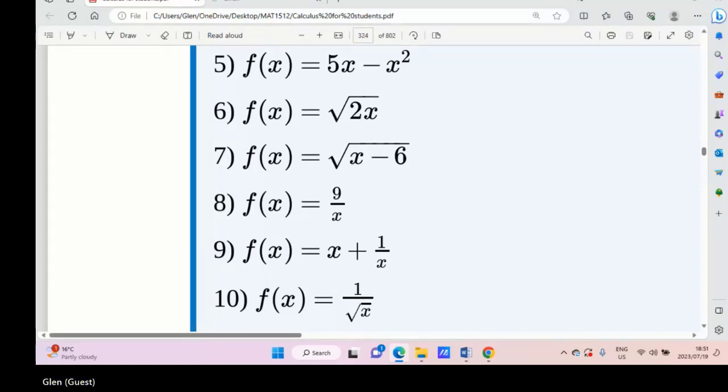Sir, when you are adding fractions, the lowest common denominator, you multiply it to the entire expression.